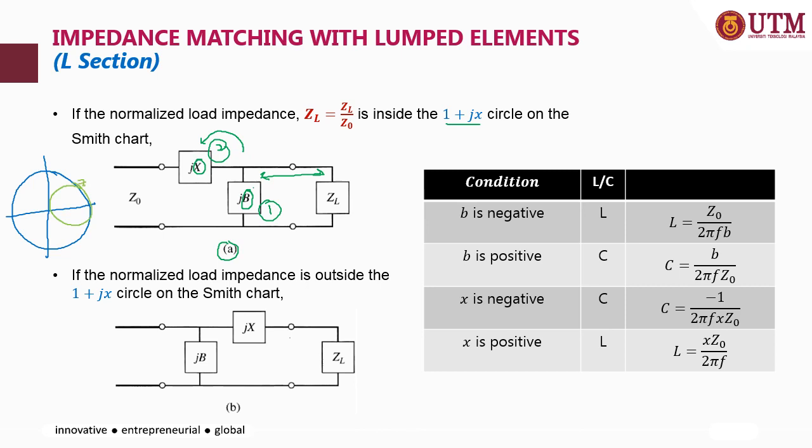To use the same chart as the admittance circle, 1 plus jx, jb, you need to draw another one here. So 1 plus jb, this represents the susceptance, and here 1 plus jx.